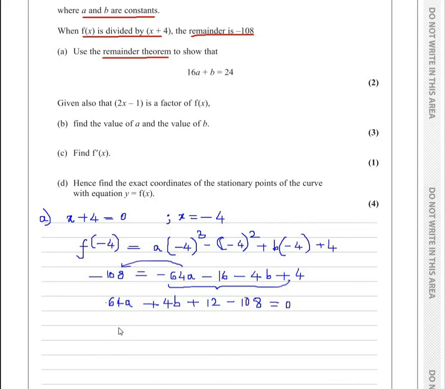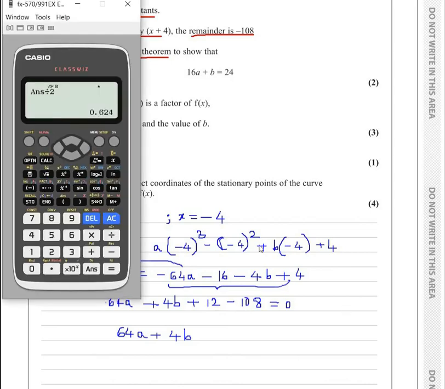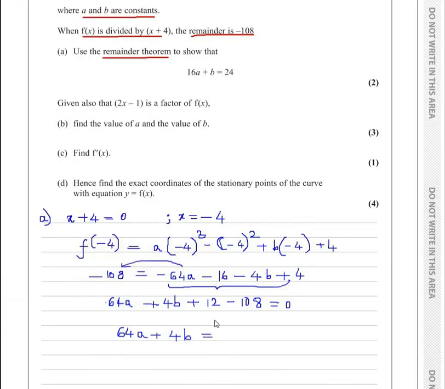Let us further solve this. It becomes 64a plus 4b, then plus 12 and minus 108. Let's check that. We have plus 12 and minus 108. We get negative 96. So let us take it over that side.